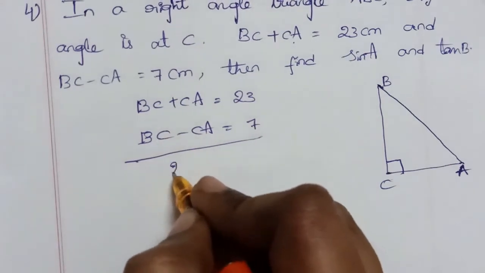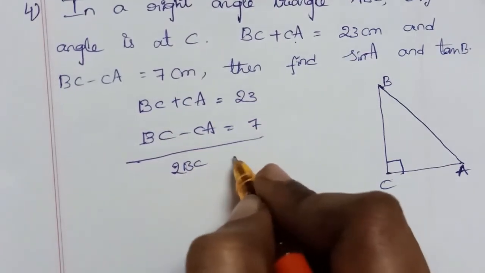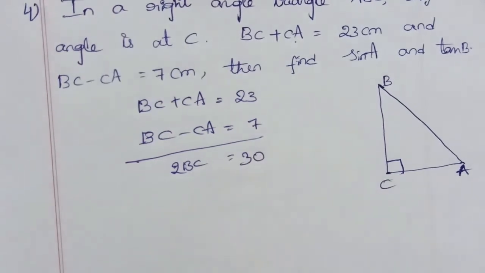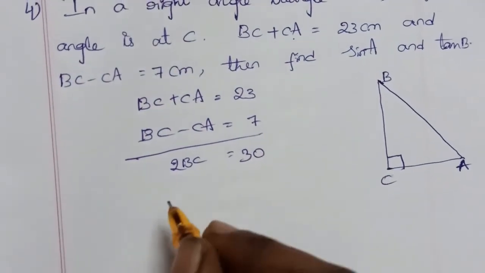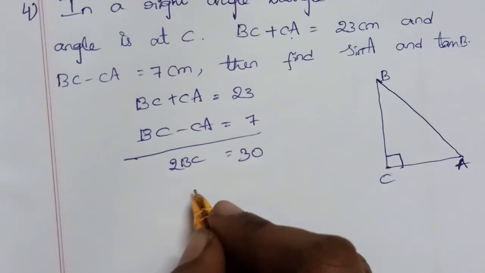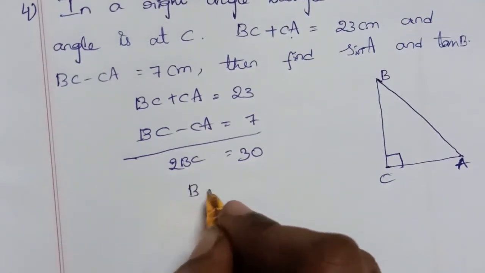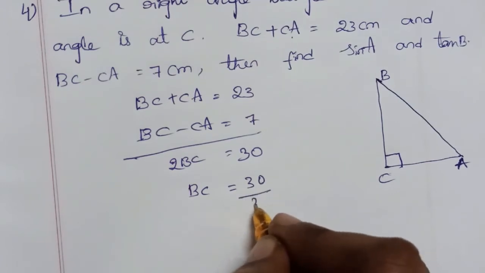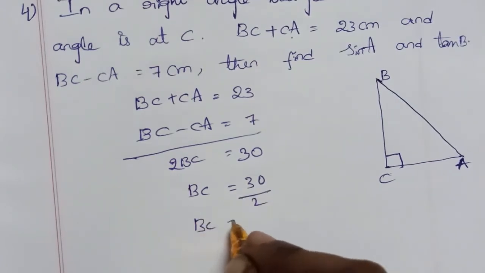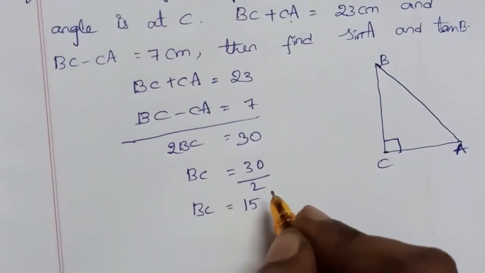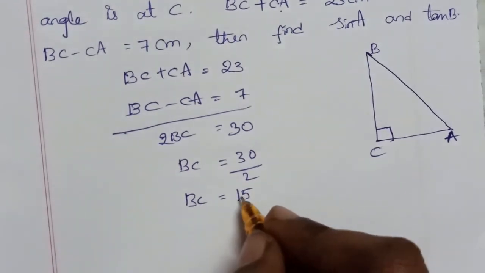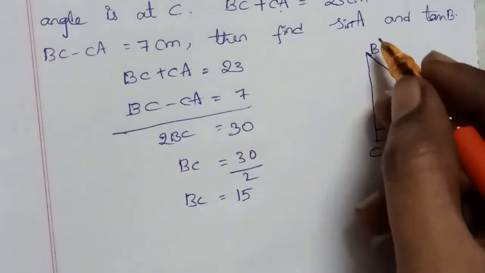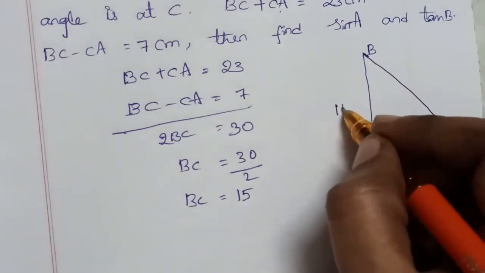BC plus BC, 2BC is equal to 30. BC is equal to 30 by 2. BC is equal to 15. So the length of BC is 15 centimeters.